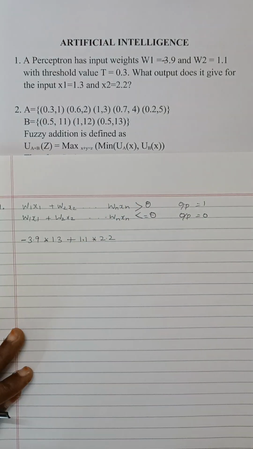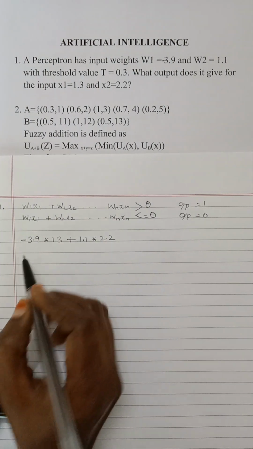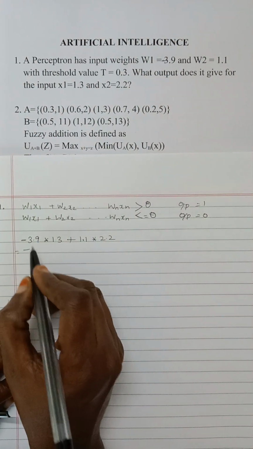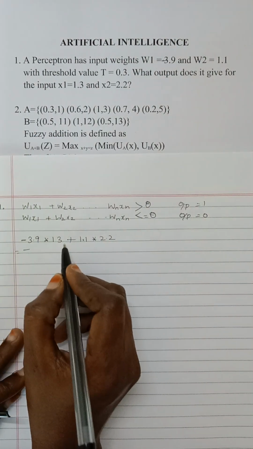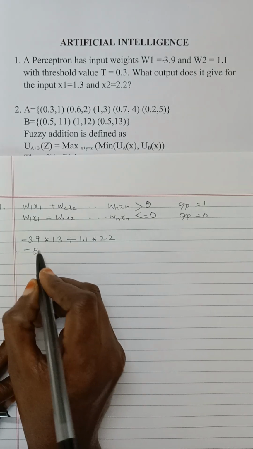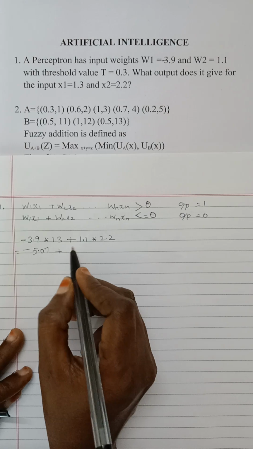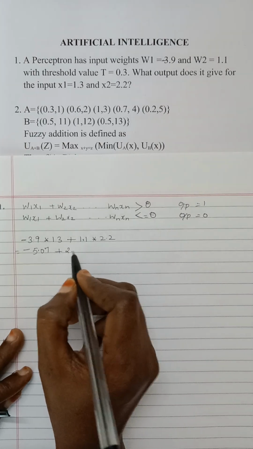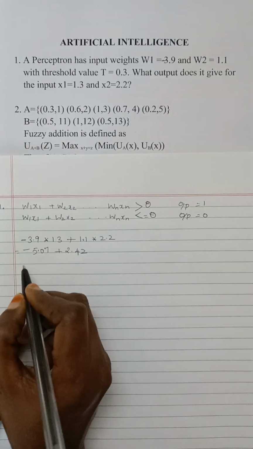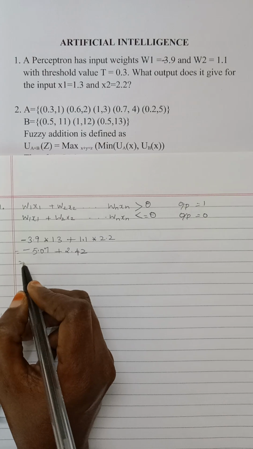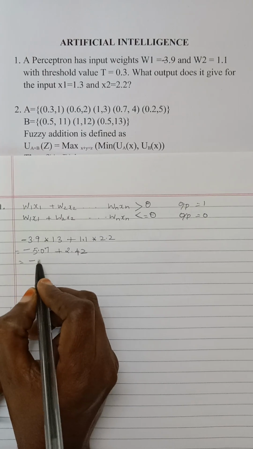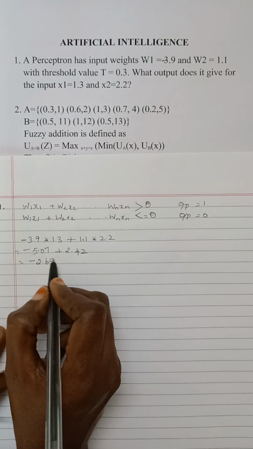So here the value is equal to minus 3.9 into 1.3, which is minus 5.07, and 2.2 into 1.1 is 2.42. So the value turns out to be minus 2.65.